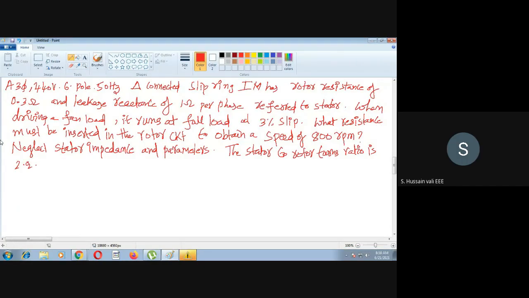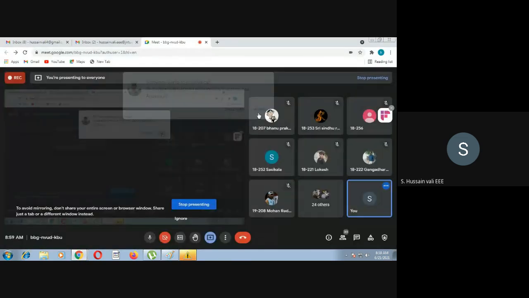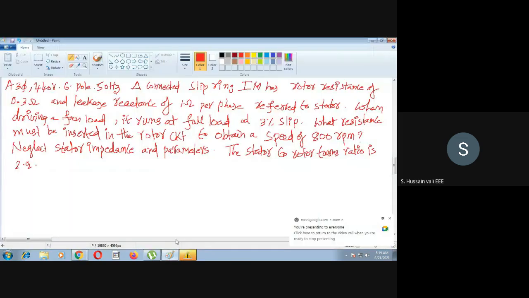Now we'll see the question first. A three-phase 440 volt 6 pole 50 Hz delta connected slip ring induction motor has a rotor resistance of... So he has given the data regarding the induction motor, that is the rated values and the resistances also.